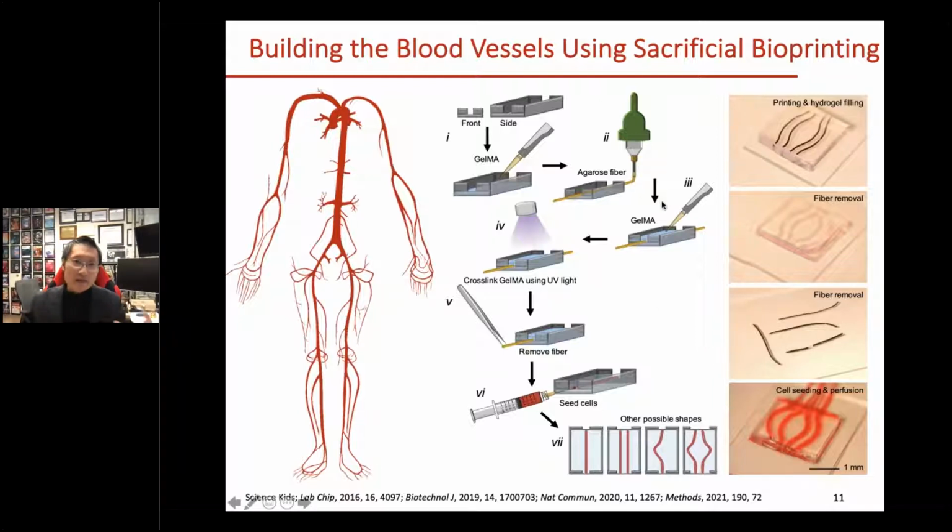Then surrounding these microfibers, you can either cast or print another hydrogel matrix. Once you have crosslinked that hydrogel matrix, you can selectively remove the microfiber from the matrix, allowing creation of this hollow perfusable microchannel that emulates the actual vascular microchannel, right?